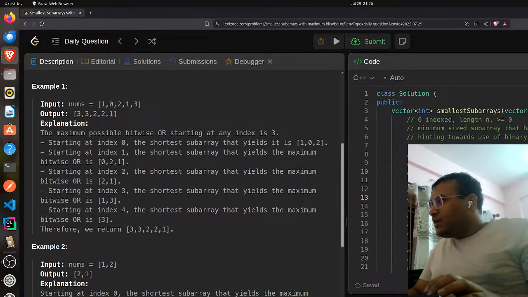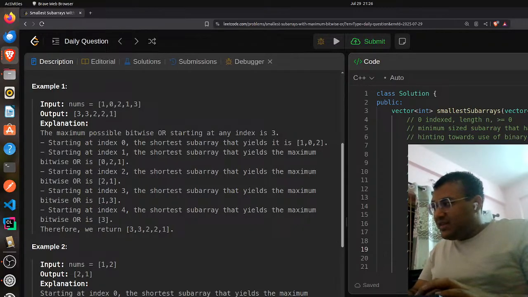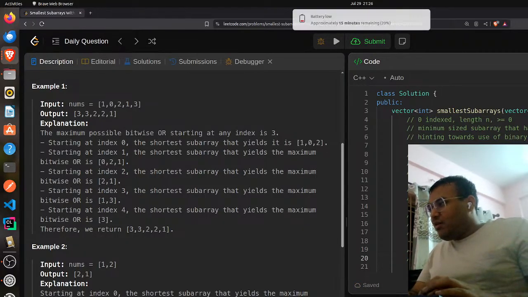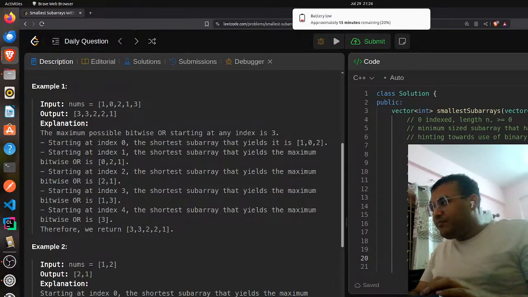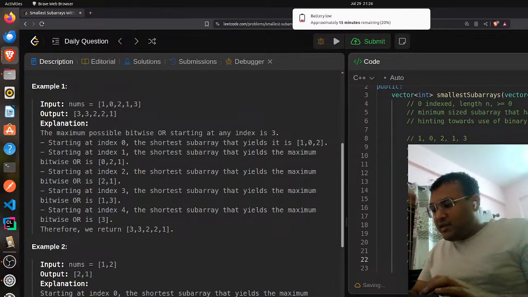Now I just need to verify one other thing. Let us say that we have a number A, and we take its bitwise OR with B, and the answer is, let's say, X. And then we have a number A, we take its bitwise OR with, let's say, C, and the answer comes out to be Y. Now, can I claim that if B is greater than C, then X is greater than or equal to Y?